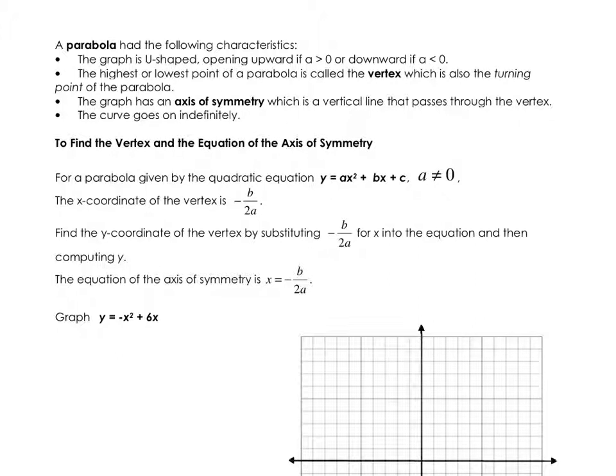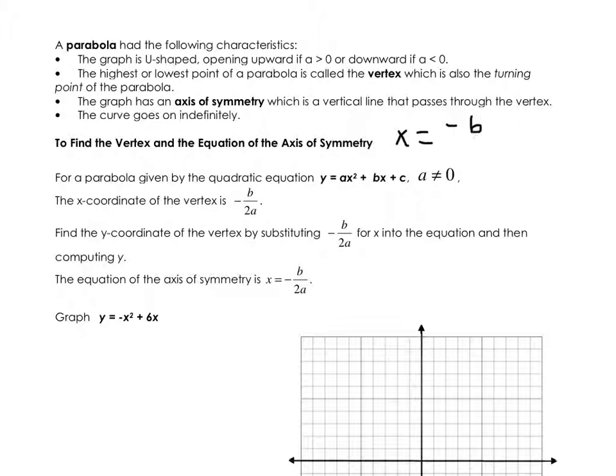So to find the vertex and the equation of the axis of symmetry, what we want to do is set x equal to negative b over 2a. Does that value look familiar to you? Negative b over 2a? Remember the quadratic formula?